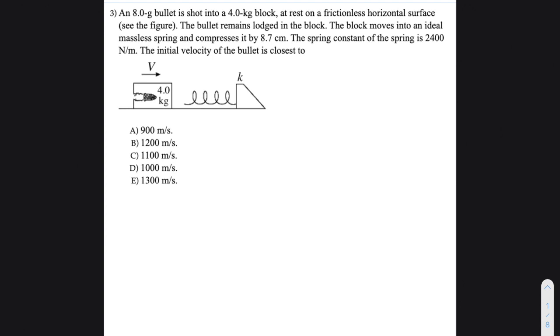So here the kinetic energy of the block plus bullet system immediately before striking the spring converts into potential energy of the spring at maximum compression, where the system has zero speed. So the initial kinetic energy just before striking the spring is equal to the potential energy of the spring at maximum compression.